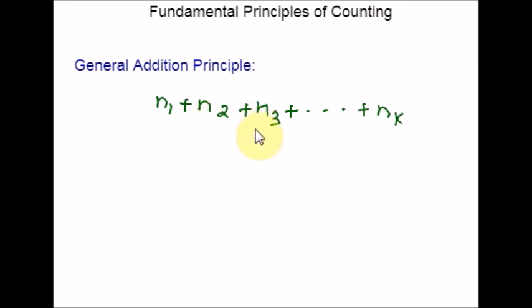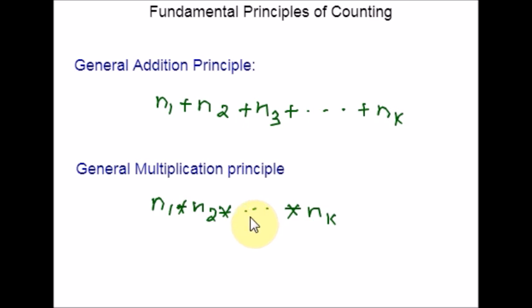Now let me give you the general multiplication principle. Same concept here too. Let A1, A2 till AK be the events with N1, N2 to Nk possible outcomes respectively. Then the total number of outcomes for the sequence of these K events is just the product N1 times N2 till Nk.